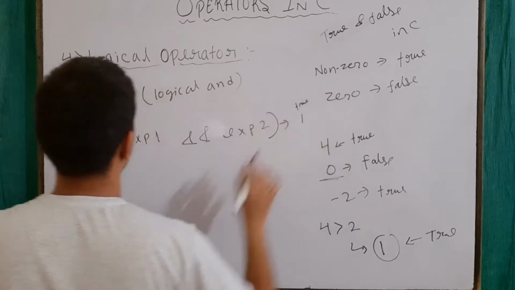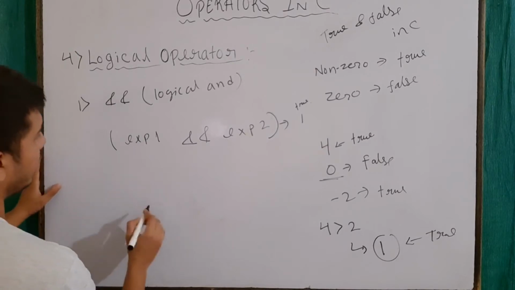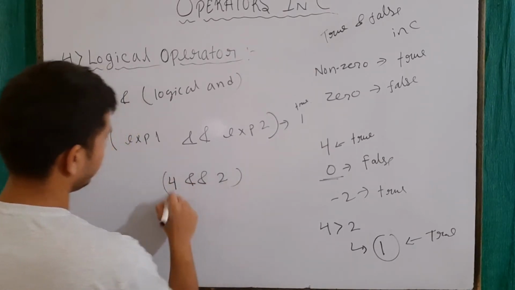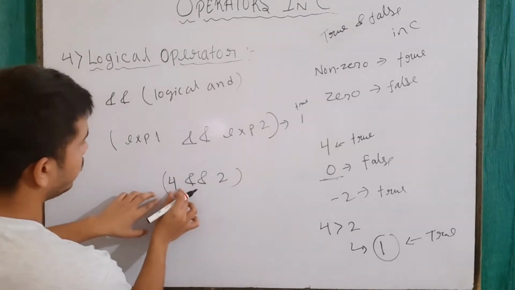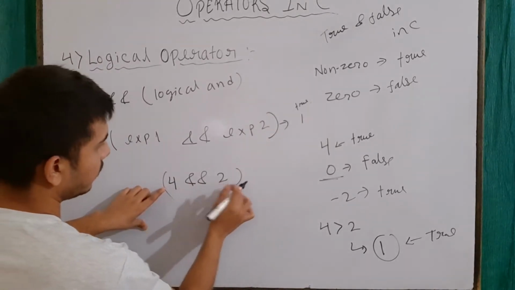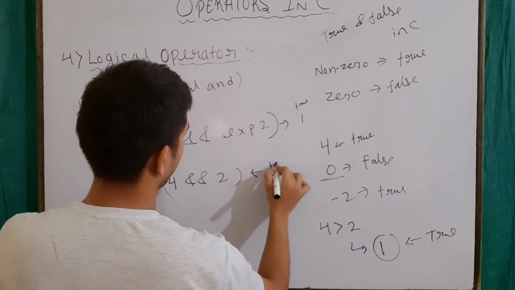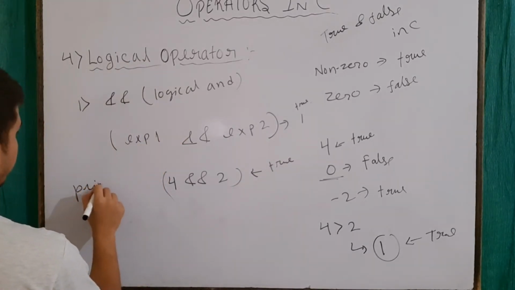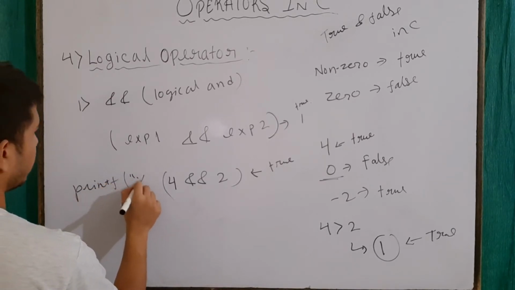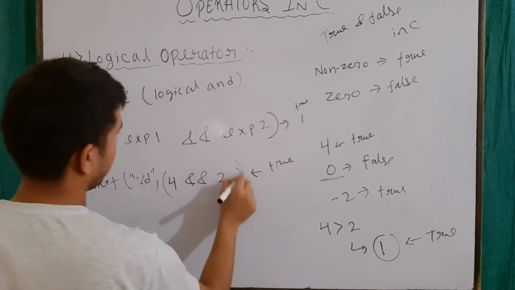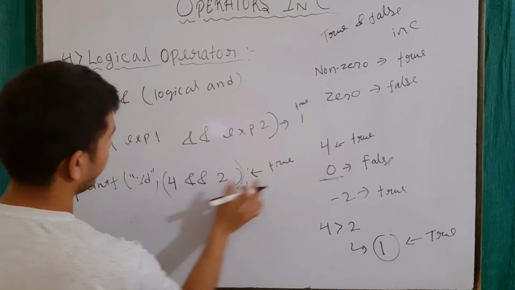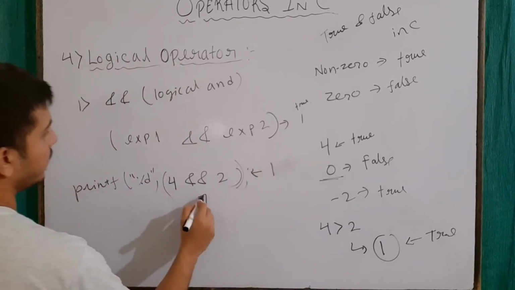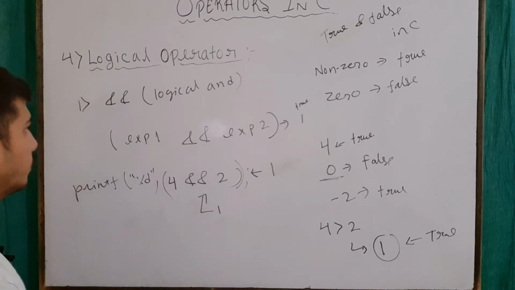For example, let's say I am doing 4 AND 2. What will it give me? This is non-zero, this is non-zero, so it will give me true. Or if I do something like printf of %d, then this will give me true and true. The end result will be 1 in our output.